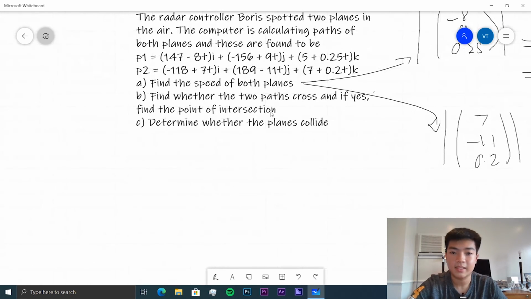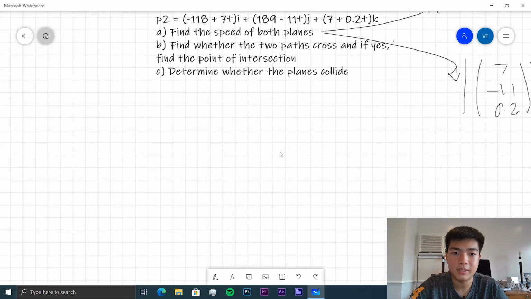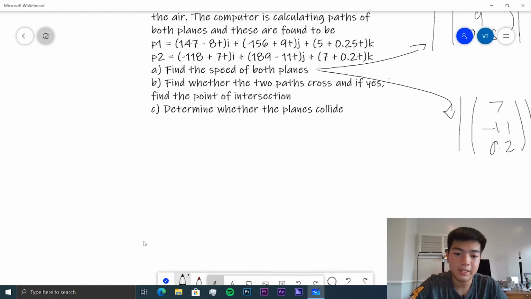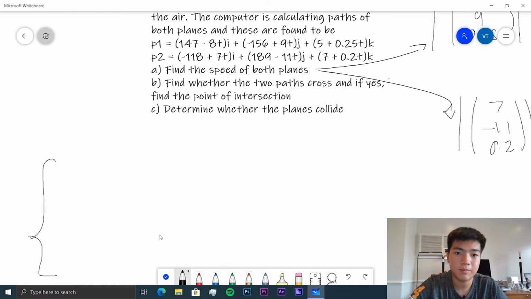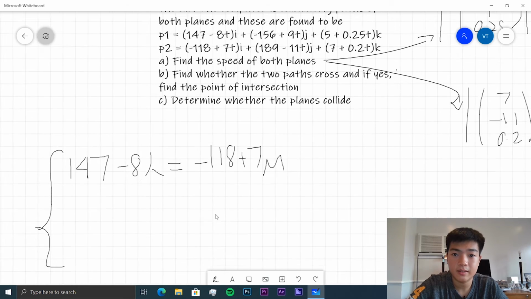Okay, next, find whether the two paths cross, and if yes, find the point of intersection. So in this case, we just have to equate. Let's convert it into a parametric form first. So we have 147 minus 8 lambda is equal to negative 118 plus 7 mu.